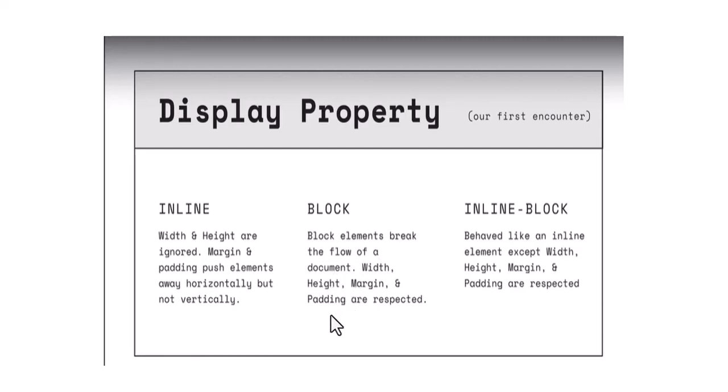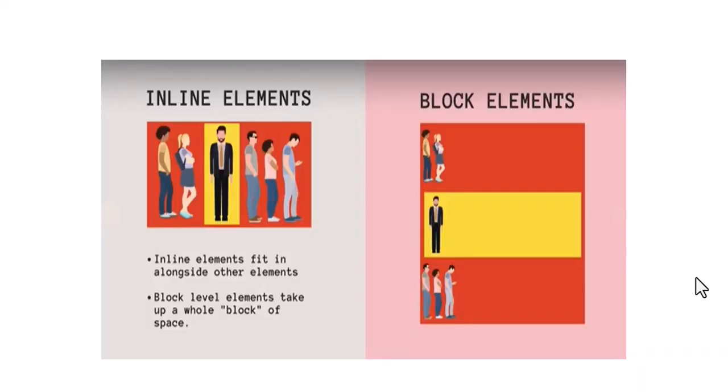Width and height, margin and padding are respected. Inline-block behaves like an inline element, except width, height, margin and padding are respected. So we can modify our block level and inline level properties. This is inline and this is block.